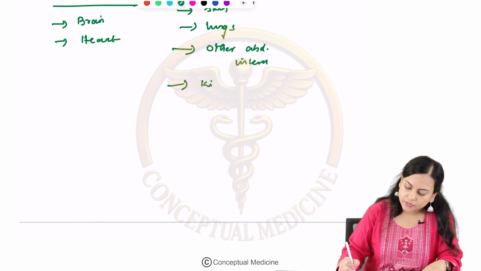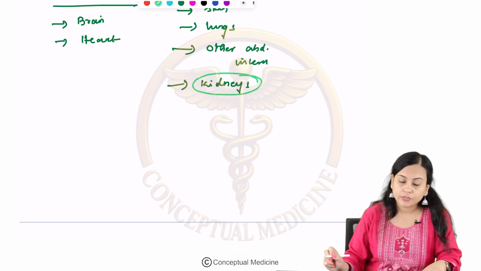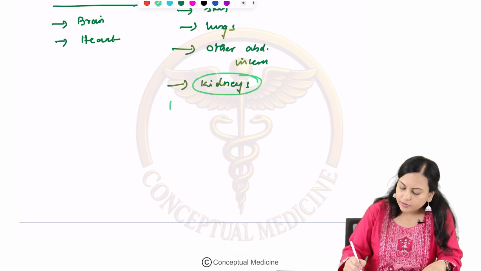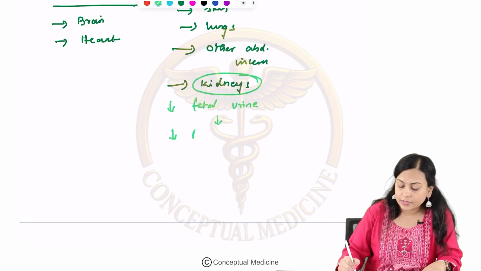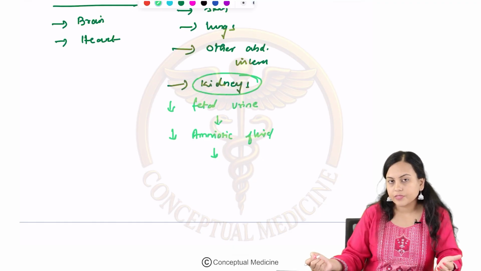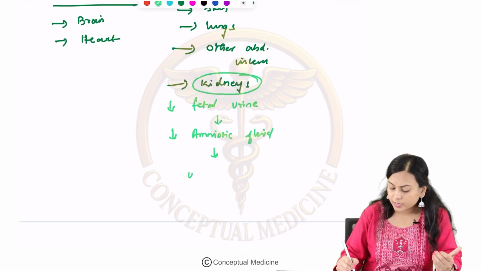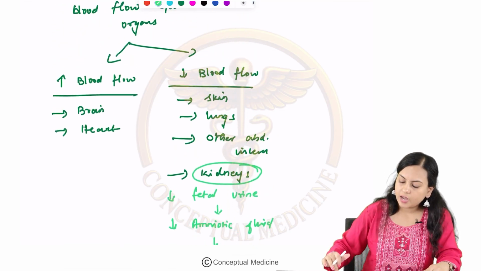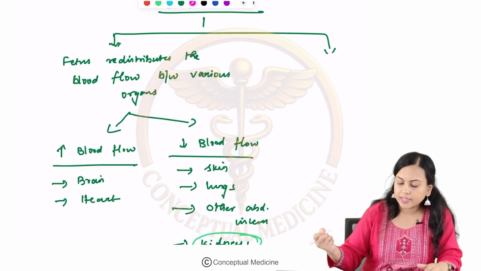This is very important, because when there is reduced blood flow to the kidneys, there is decreased fetal urine production, and that will result in reduced amniotic fluid levels, and that will be seen as oligohydramnios in your antenatal scan. Clear? Also remember another fact.